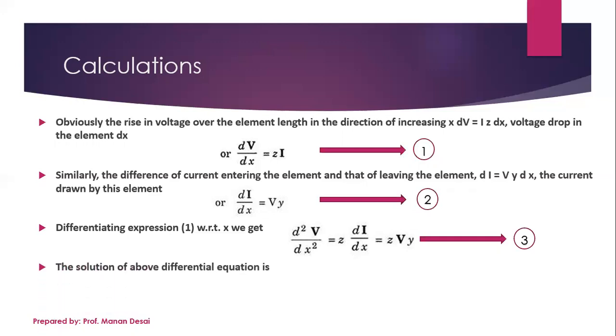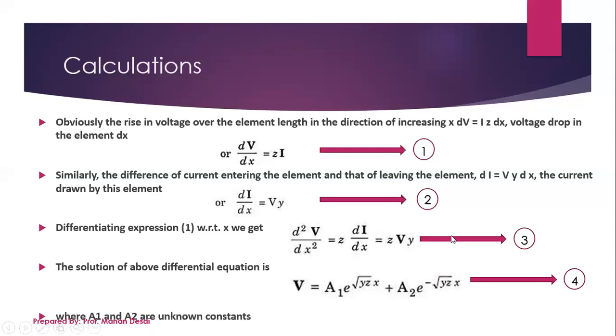The solution of the above differential equation is V equal to A1 e to the power under root YZ x plus A2 e to the power minus under root YZ x. This is equation 4.